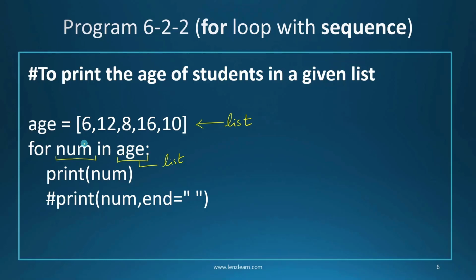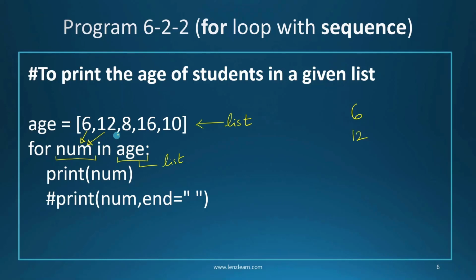Now when the for loop starts, the first value in the list, which is 6, will be loaded into num, and then I will print the value of num, so 6 will be printed. Next time when the for loop runs, the second value 12 will be loaded into num, then I will print 12.